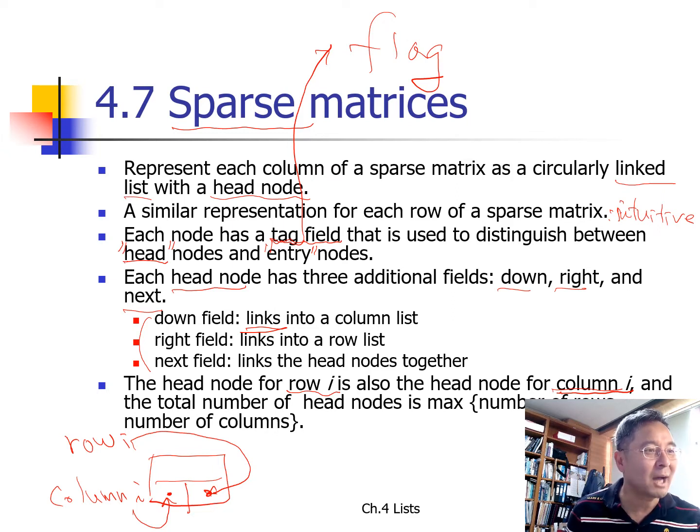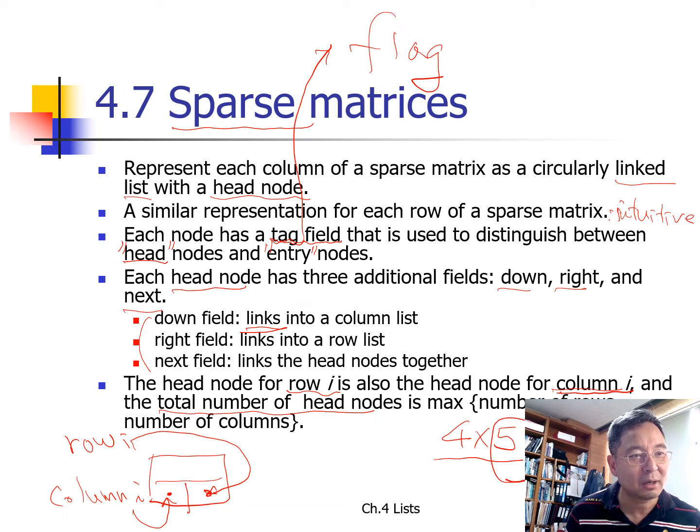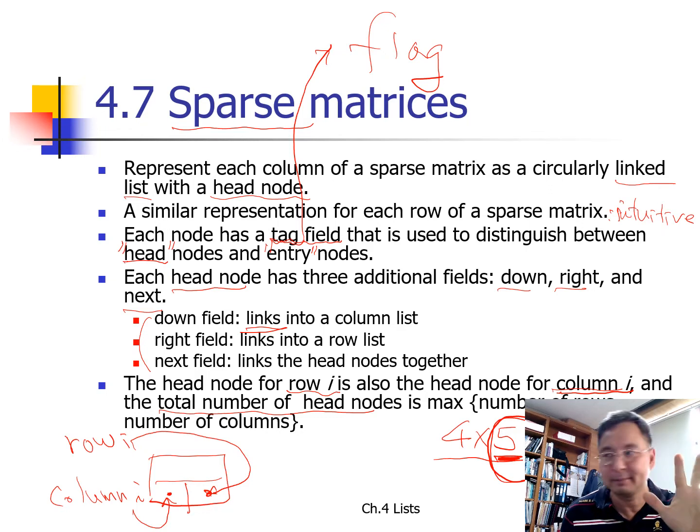The total number of header nodes is the maximum of the number of rows and the number of columns. If we have a 4 by 5 matrix, then the total number of header nodes is the maximum of the number of rows and columns. 5 is the maximum value, so the necessary total number of header nodes is 5.